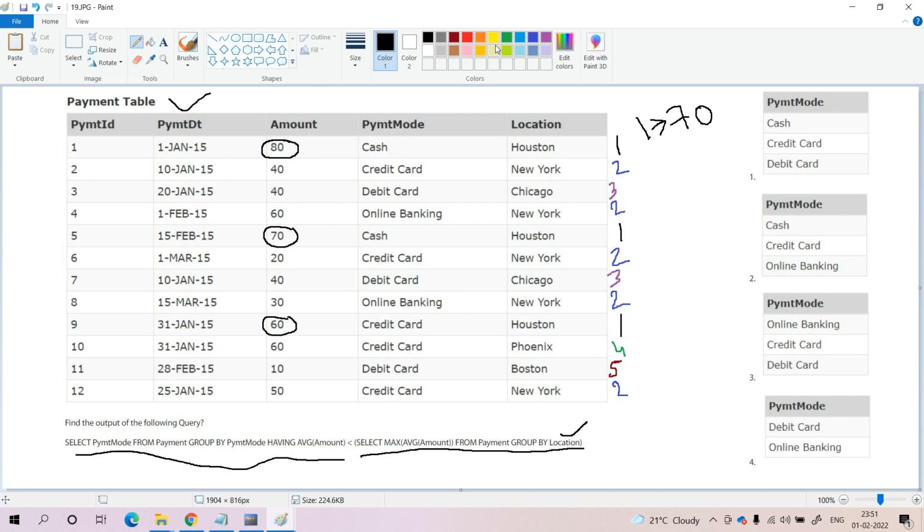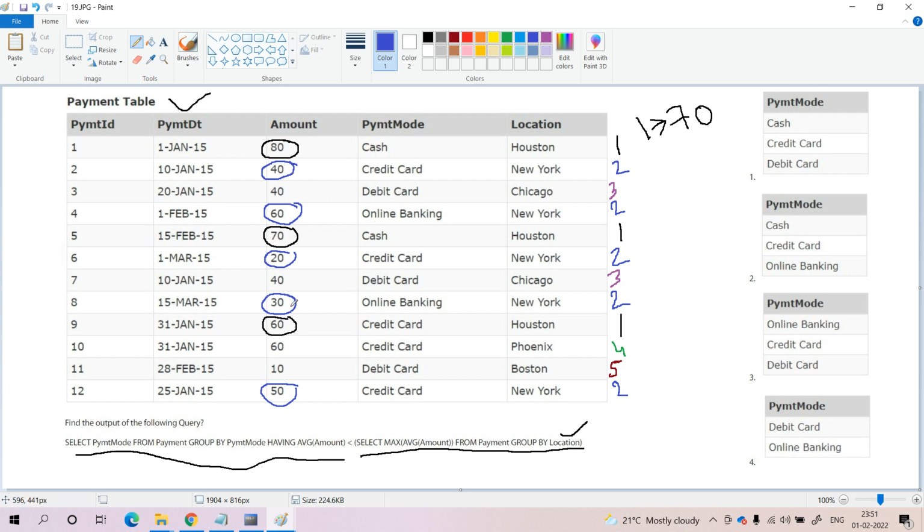What about the second group? Let me take the second group related amounts. So 40 here, 60 here, 20 here. In the second group, 30 is available here, 50 is available here. So the second group occurs 1, 2, 3, 4, 5 times.